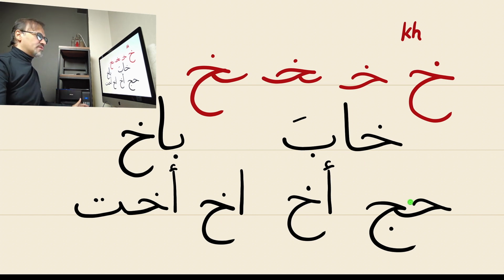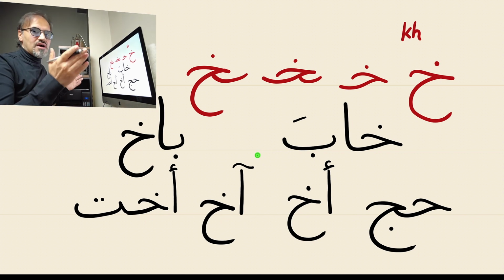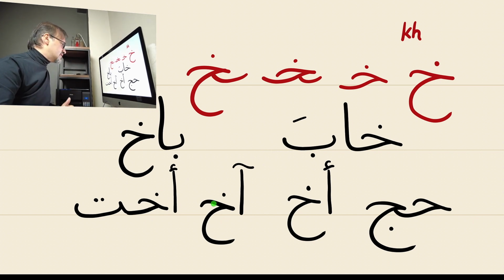So let's read them again. We have hajj, akh. And sometimes in Arabic they put this sign over here, which is called the medda, which means an extended ah. So it's akh, and here it's ukht. Ukht. Okay? Akh, ukht. Okay?